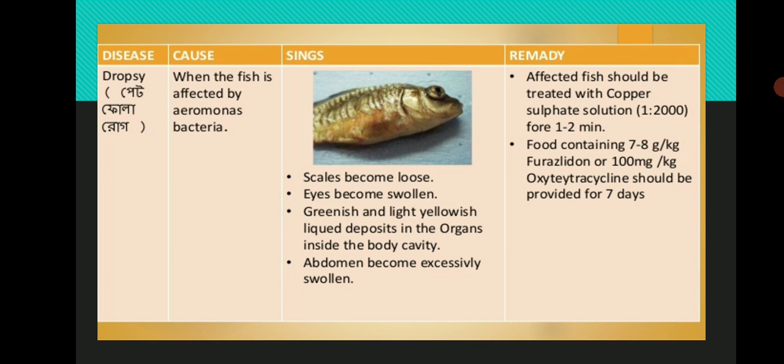Affected fish should be treated with a copper sulfate solution 1:2000 for 1 to 2 minutes. Food containing 7 to 8 gram per kg furazolidone or 100 milligram per kg oxytetracycline should be provided for 7 days.